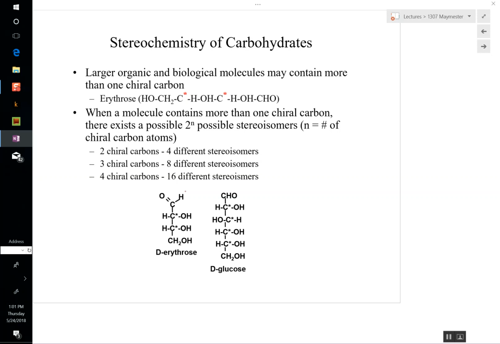See? So you don't point it like this. Turn it so the carbons are going away from you. Carbons are in the back, these are in the front, and that's on the right.